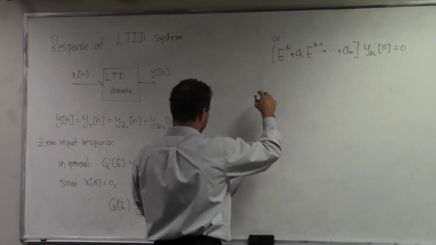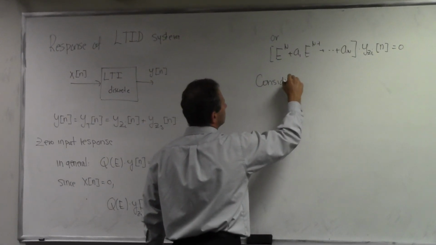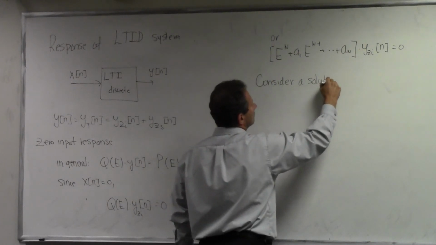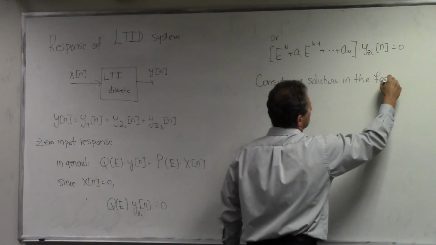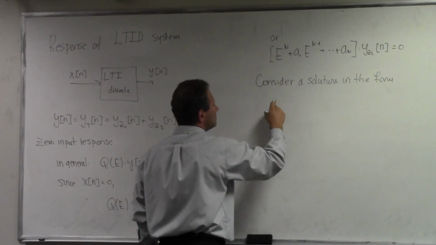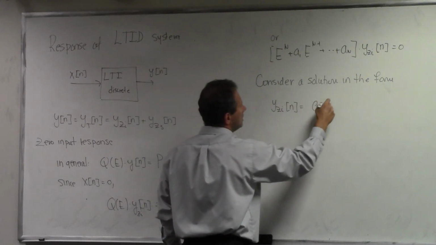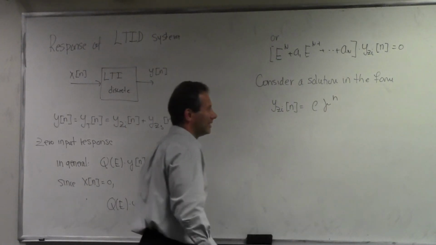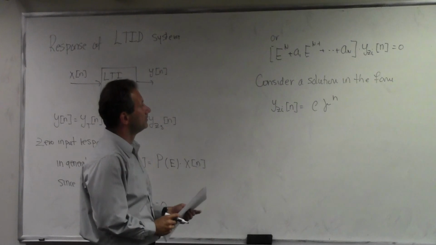And we're going to consider a solution in the form y zero-input of n equal to C gamma to the n, where C and gamma are to be determined.